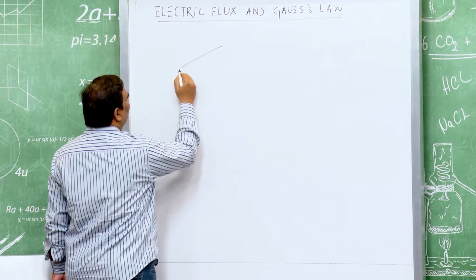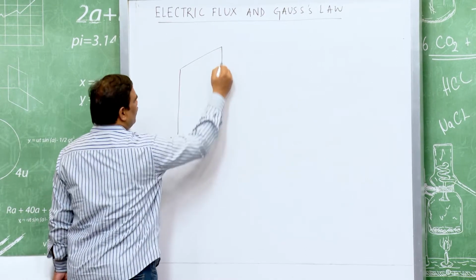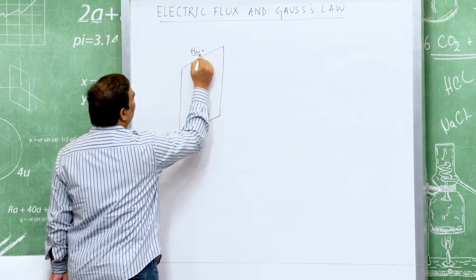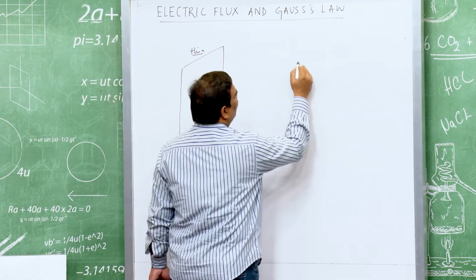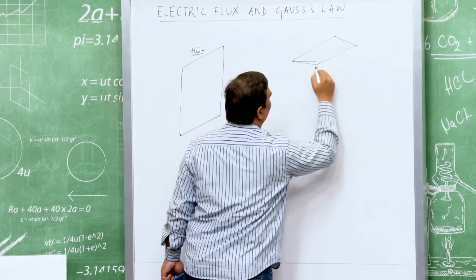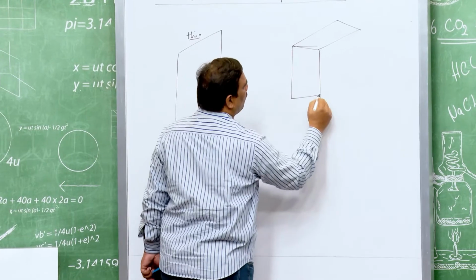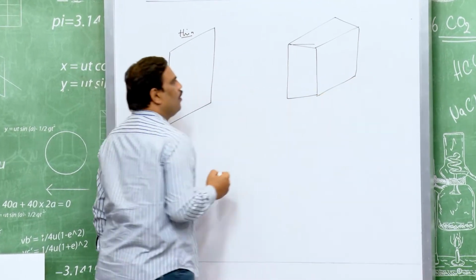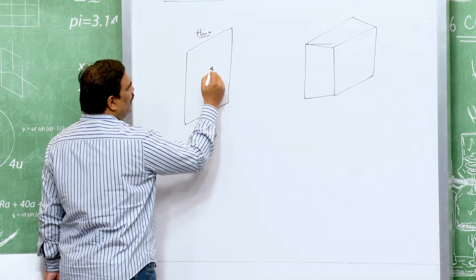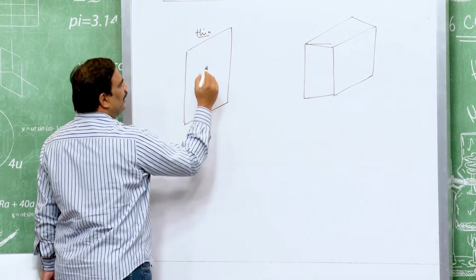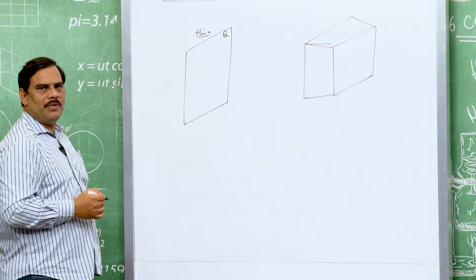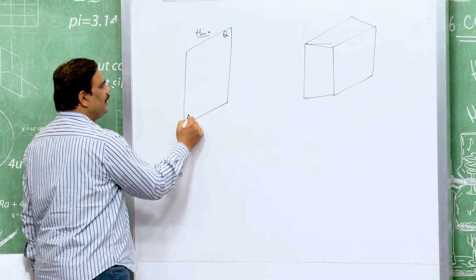There are two types of surfaces we can imagine. One is a thin surface, and we can also imagine a thick surface. For both the surfaces, to calculate the electric field, let us charge it by a charge q, and A is its surface area.